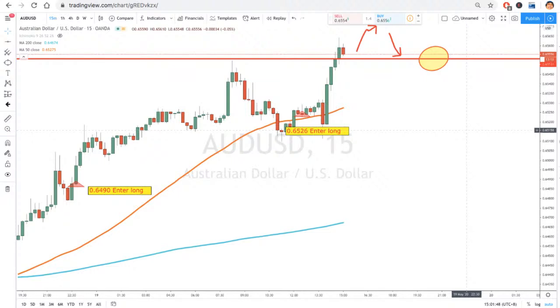Okay, so very boring day today, and the candlestick is appearing. So can we do it?